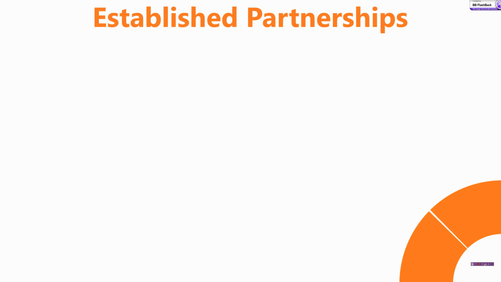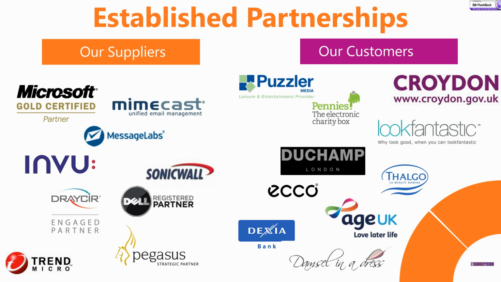In the time that we've been established, we've developed some strong relationships with industry-leading partners on our supplier side. So we work with Dell, Microsoft, Pegasus, to name a few, and we also have a very well-established, loyal list of customers that we work with as well, some of which you can see listed in the PowerPoint slide.